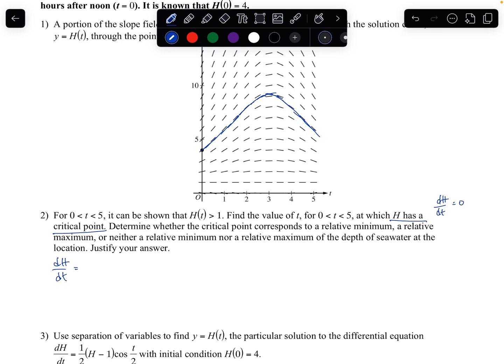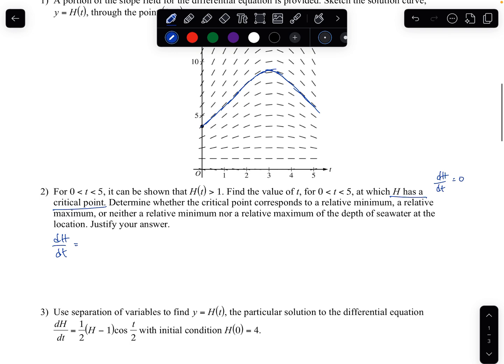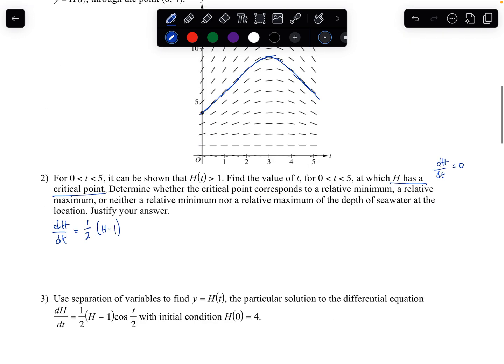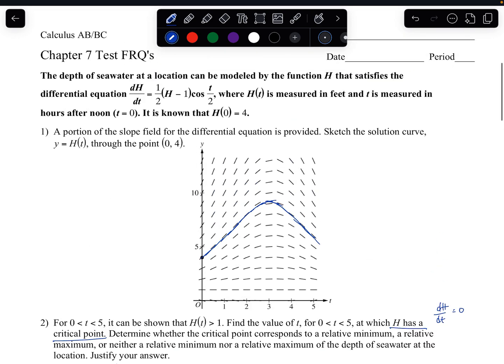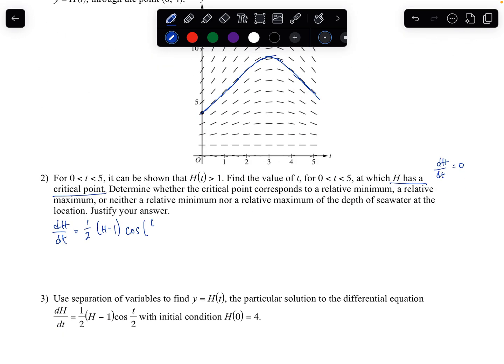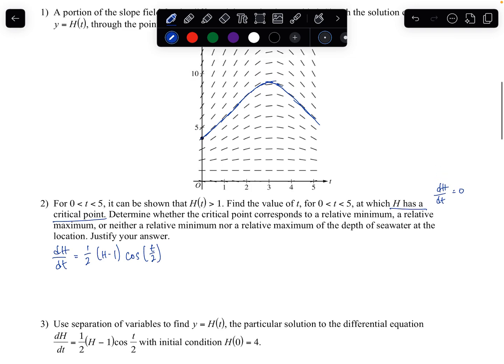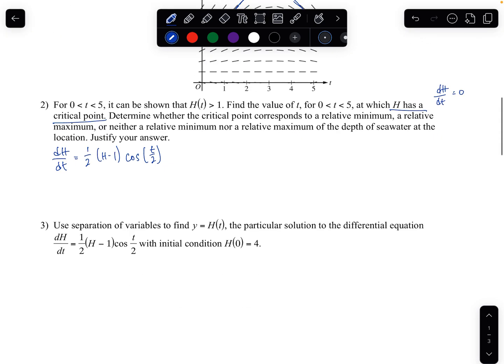and set that equal to 0. So it's equal to 1 over 2 (h minus 1) times cosine of t divided by 2. Alright, we're going to set this equal to 0. And now you can't necessarily solve for t in this right here.